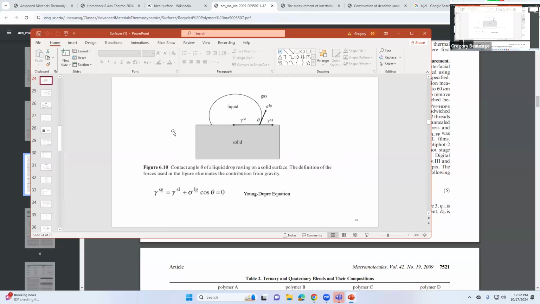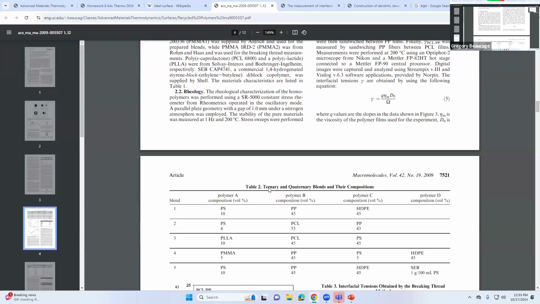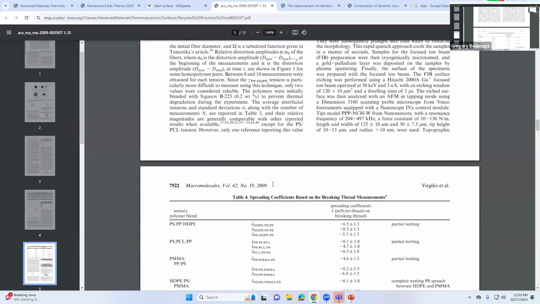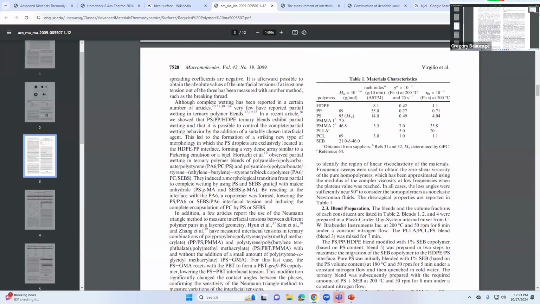The Young-Dupree law. So you can get the two-phase energy from the contact angle. And you get the contact angle from his, oops, his thing here. Yeah, once you have phi, it's like equation 4 or something.